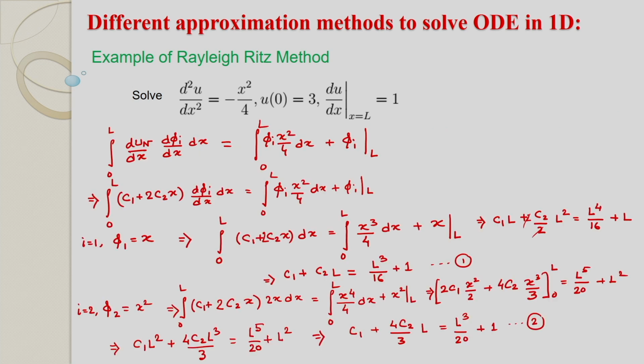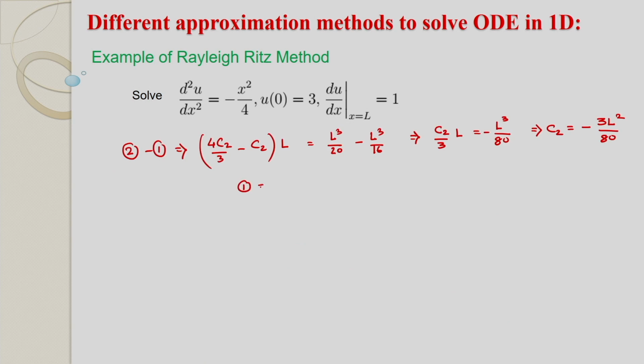Now, from equation 1, C1 is L cube by 16 plus 1 minus C2 L, equal to 1 by 16 plus 3 by 80 L cube plus 1, which will be L cube by 10 plus 1.